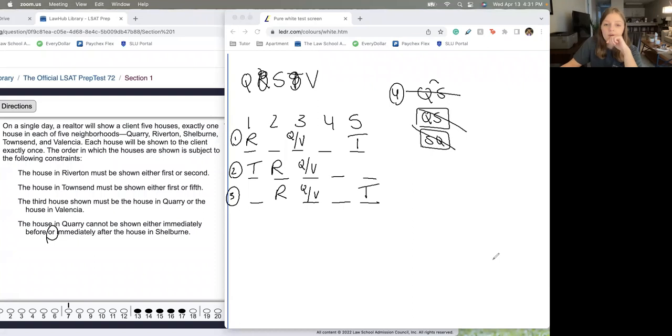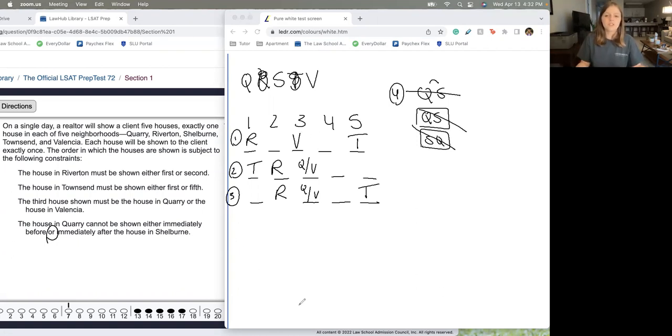So if I'm looking at the first world and I know Q and S hate each other, if I think about it, there's no way that Q can go in 3, because on either side, I have 2 empty spaces. Those are my 2 empty spaces. S is going to have to go in one of them. So no way can Q be in there because it would be touching S. So we know that actually now V is going to have to be forced into there.